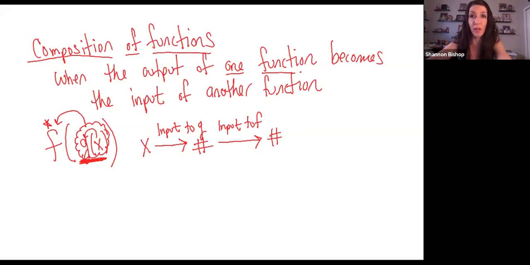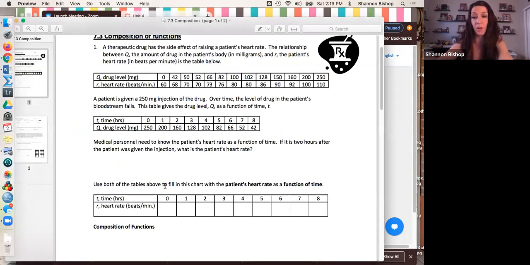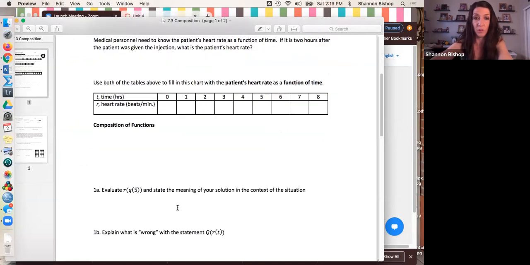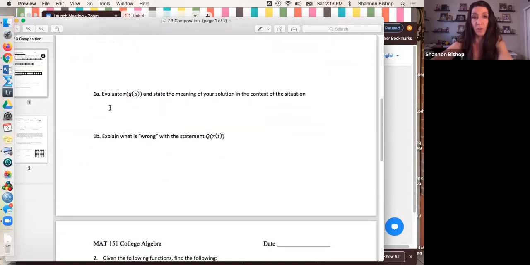So if we go look at how that would apply to the problem that we were just looking at. Look down here, number 1, evaluate R of Q of 5. R of Q of 5.